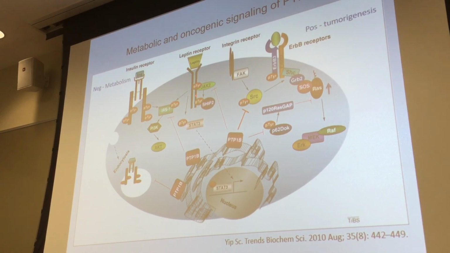Here's our leptin receptor. Our leptin receptor through our JAK kinase is going to be phosphorylating a tyrosine, and our phosphatase 1B can take this phosphotyrosine off and inactivate the JAK so that it no longer is going to be setting up this pathway.